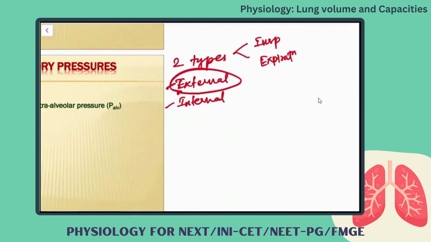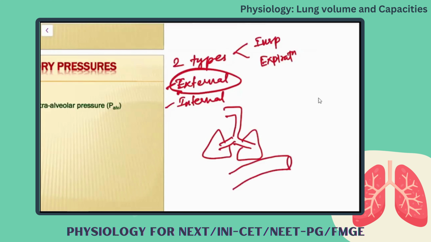So what is meant by external respiration is, first, you consider the lungs, and they are supplied by blood vessels.